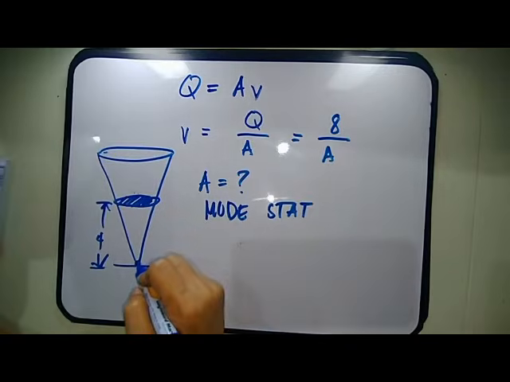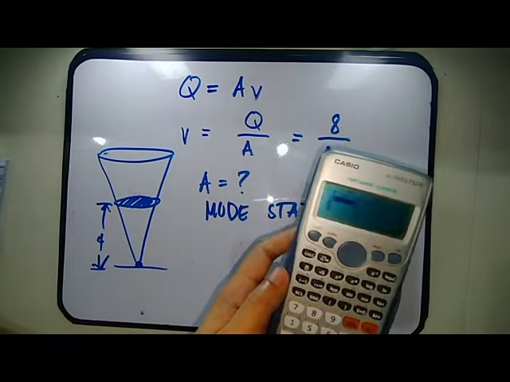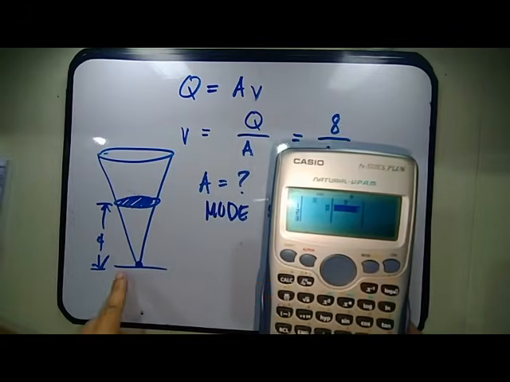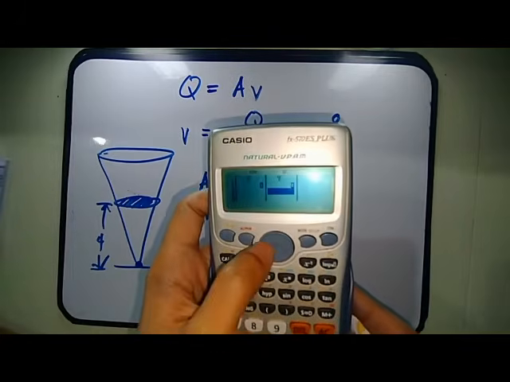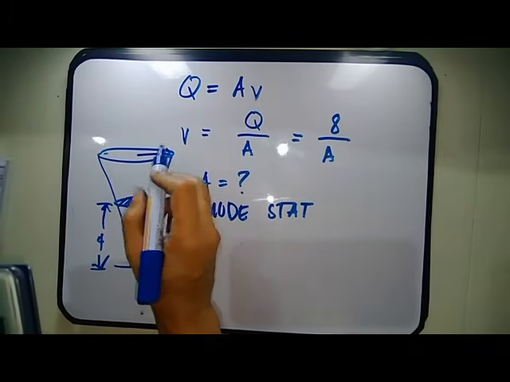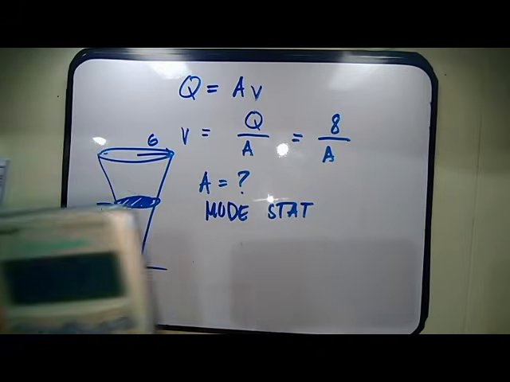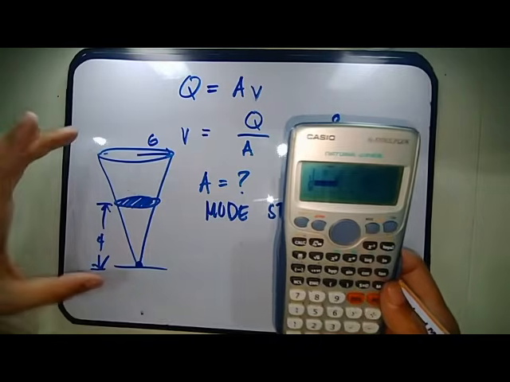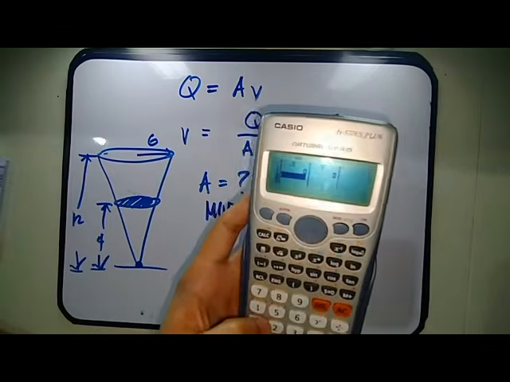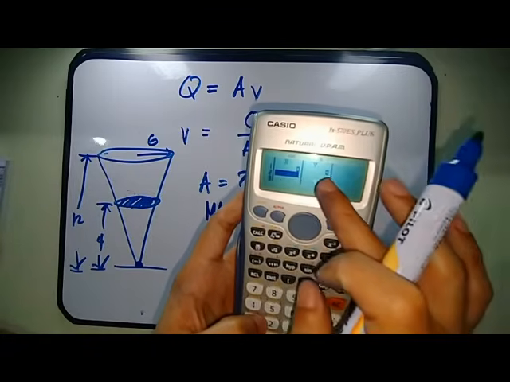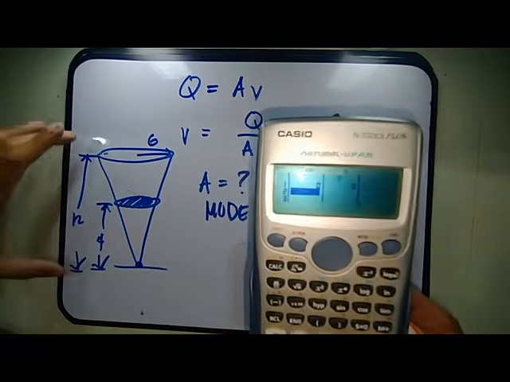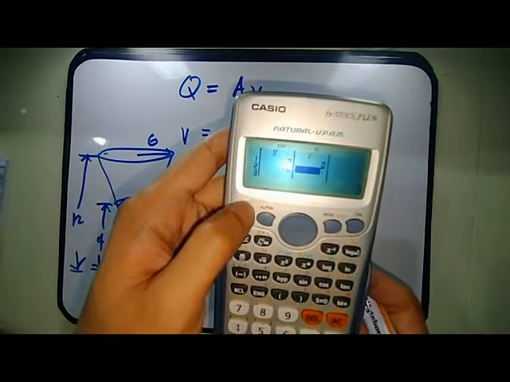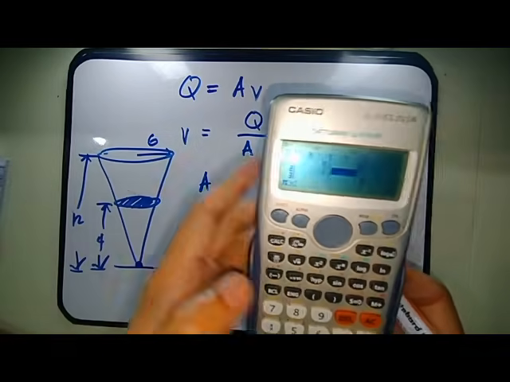At height 0, of course, the area is 0. Now, this is actually 6. At the total height of 12, your x corresponds to your height and y corresponds to the area. So at height 12, you have an area of pi times 6 squared.